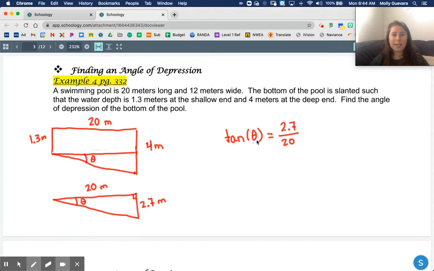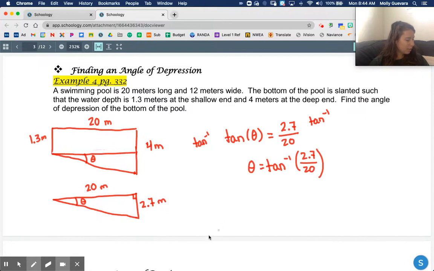Okay, how do I get rid of the tangent? How do I get theta by itself? I have to take the tangent inverse of both sides. Okay, so that gets me that theta is equal to the tangent inverse of 2.7 over 20.